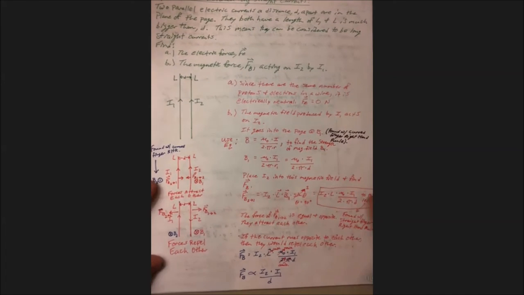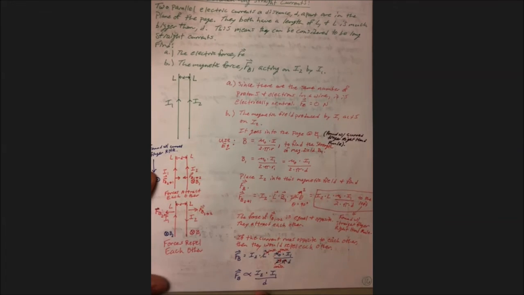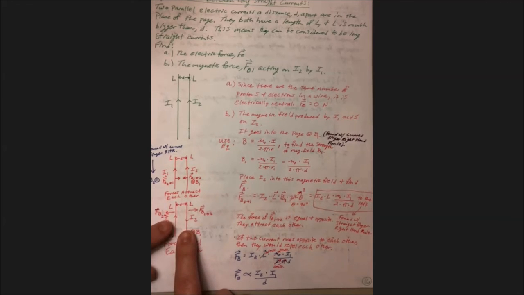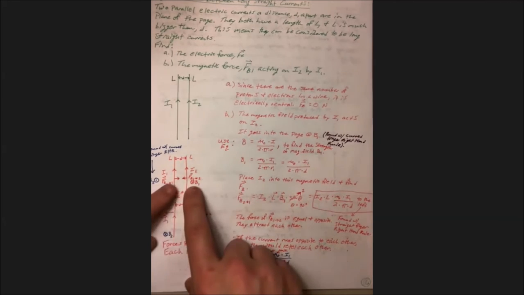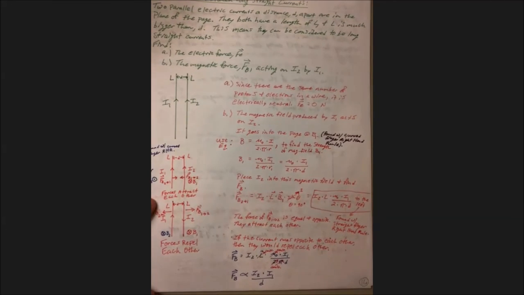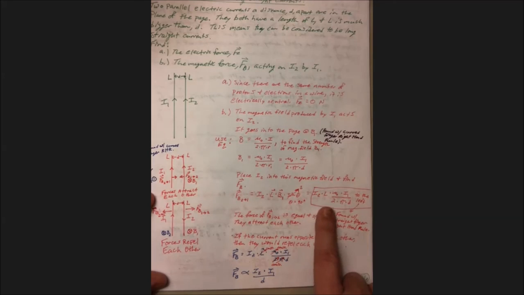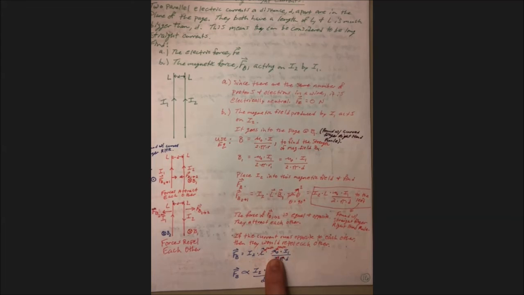Okay, so we can set up some relationships here, a proportion statement. If the current runs opposite to each other, as I'm showing right here, then we would get repulsive forces. If they're in the same direction, we would get an attractive force. So we can plug back into this same equation that we have here, and we can see that L is the same, the permeability of free space is the same, and 2 and pi are the same.